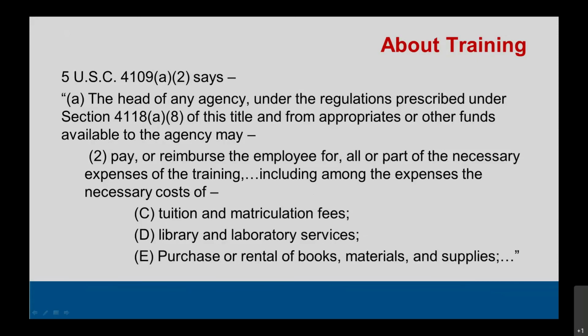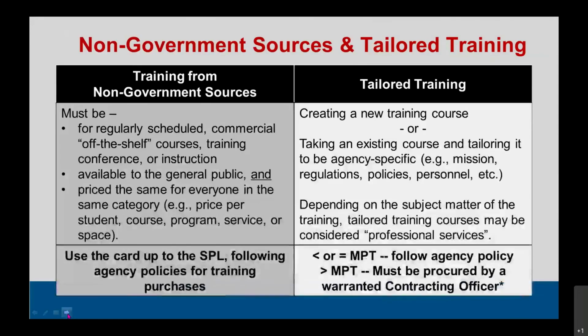And some agencies like the DoD have even made a determination that as long as the training is authorized on an SF 182, they've capped it at an even higher transaction level of $25,000. So you can see you've got some latitude, and your agency can look at this from a couple different ways, but you don't have to be held to the $2,500.